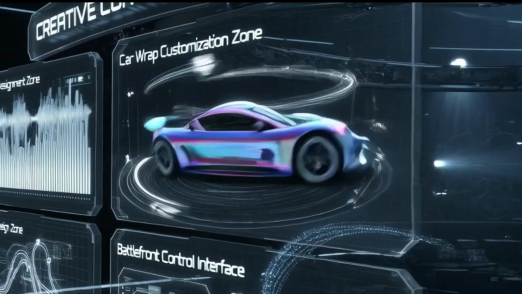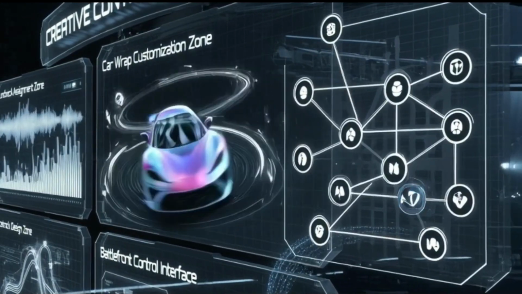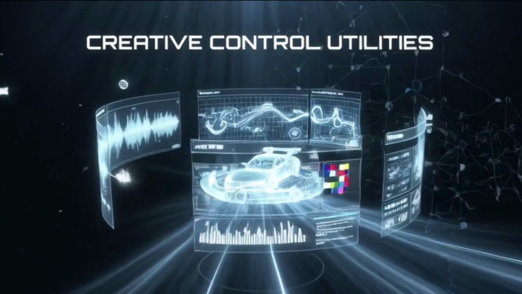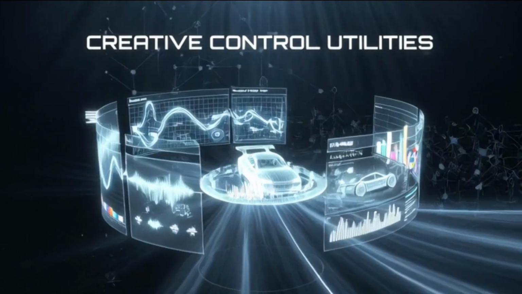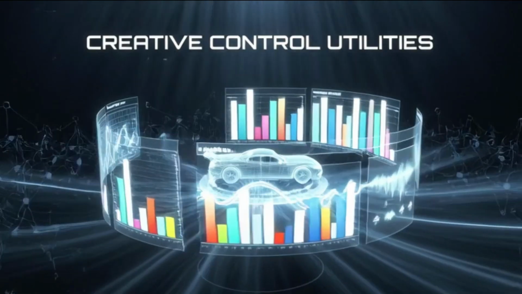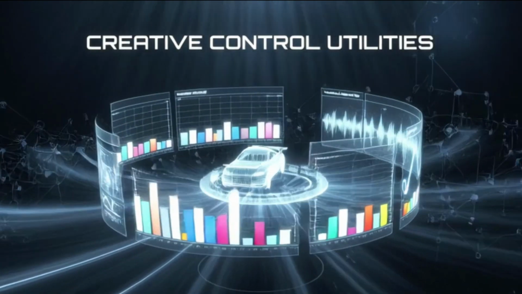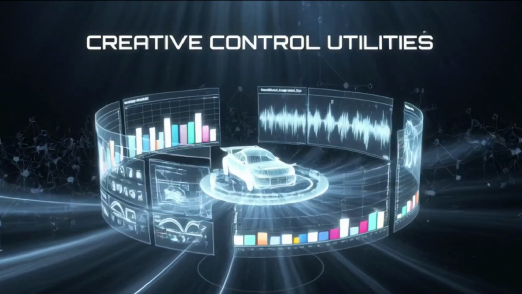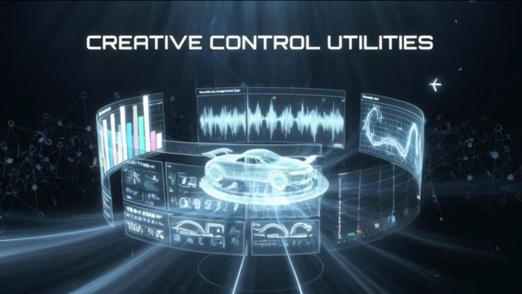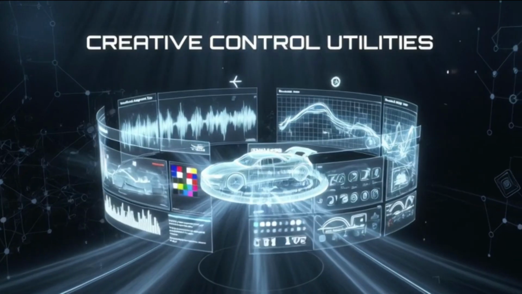Under the Creative Control Utilities, there are 6 distinct token utility features. Each of these features allows token holders to actively shape, guide, and influence different creative and competitive aspects of the races. Rather than being passive spectators, token holders become participants in the creative direction of GalactiCoyn Racing, helping define not just how the races are run, but how they look, feel, and are experienced.